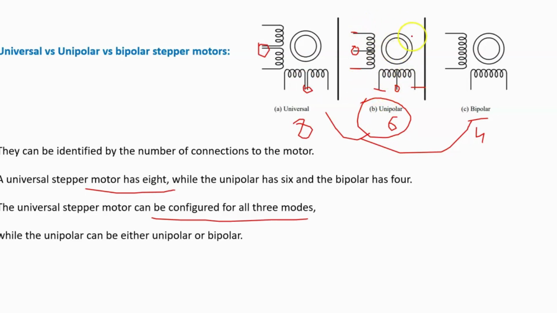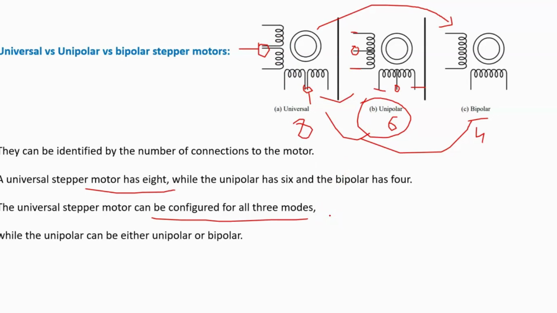And if we make another change, by changing this in this fashion, we will be able to transform it into a bipolar motor. Similarly, if we want 6 terminals for unipolar, then we will not only join these two, but we will take some common lead out of these, then we will have 6 terminals according to the unipolar motor. So why is it called the universal motor?